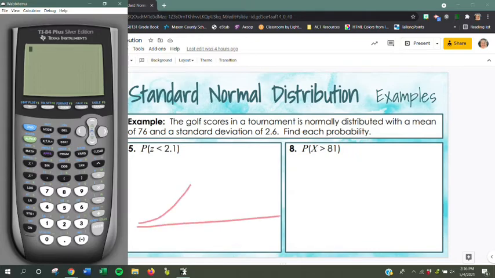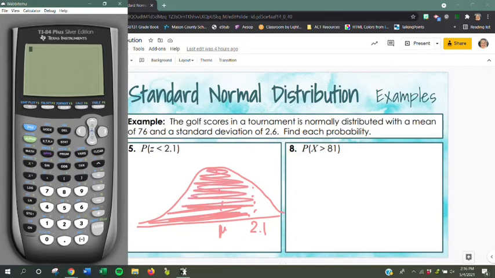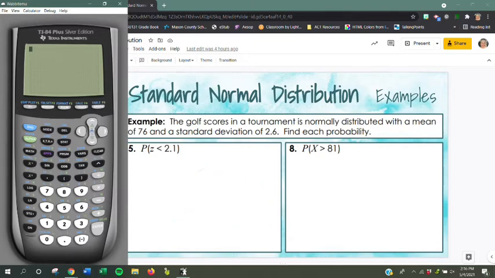So here's our curve, here's our mean, and here's the 2.1 standard deviations away. It wants to know what's the probability of selecting any value less than a z-score of 2.1. So our calculator is going to tell us what percent of the graph is shaded, and that is the same as our probability.